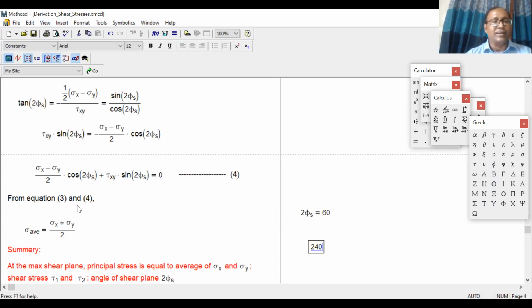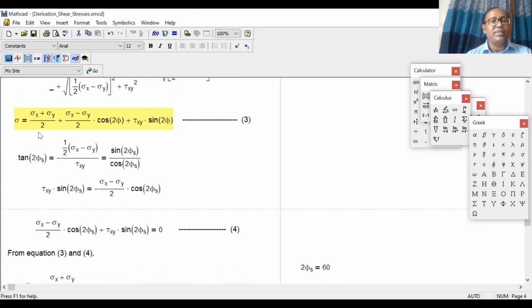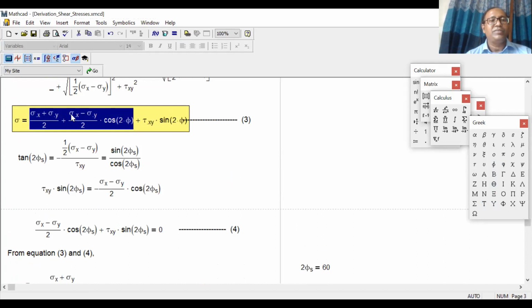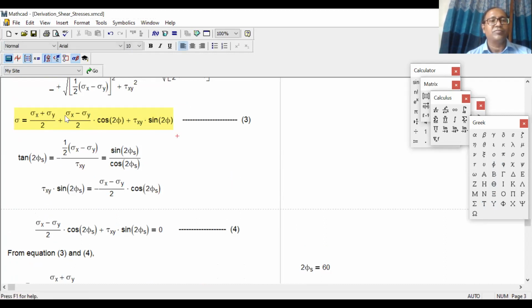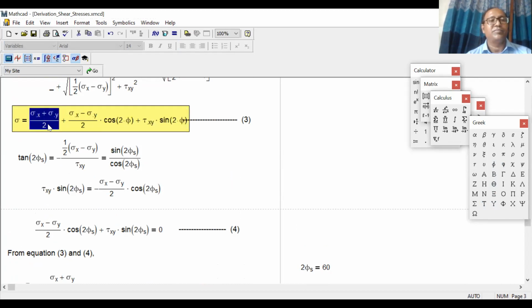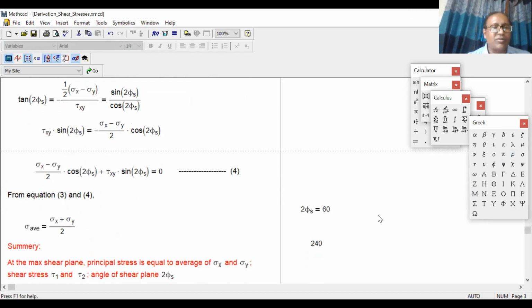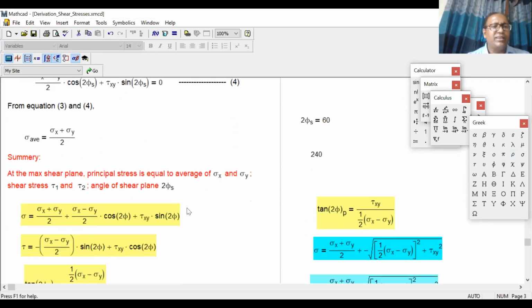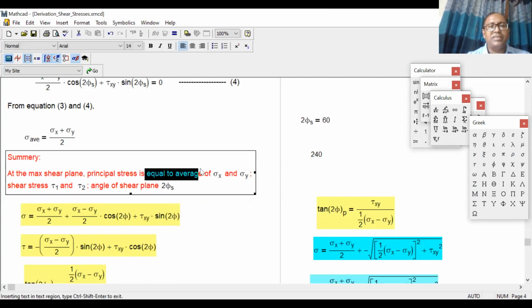If both angles are put in this equation, you will see this part is always 0. This part is 0. Only you have this for both equations. Okay. So what is the summary? Right over here. Summary: at the maximum shear plane, the principal stress is equal to the average of sigma x and sigma y.